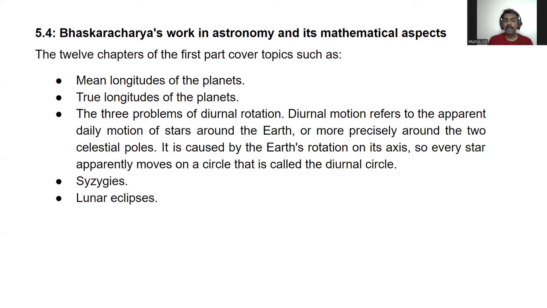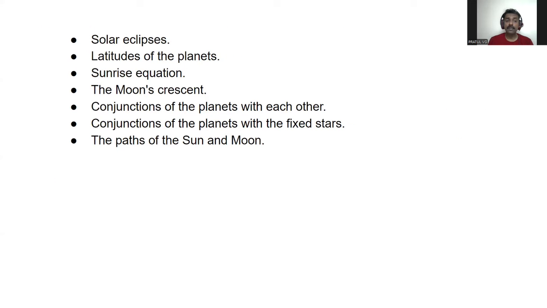It is caused by Earth's rotation on its axis, so every star apparently moves on a circle, which is called the diurnal circle. Syzygies, lunar eclipses, solar eclipses, latitudes of the planets, the sunrise equation, and many more such things were covered in his book.